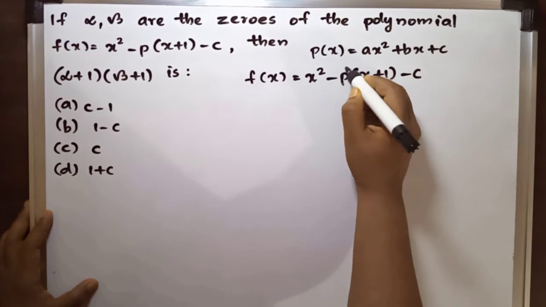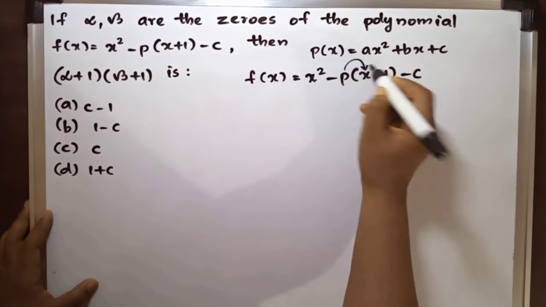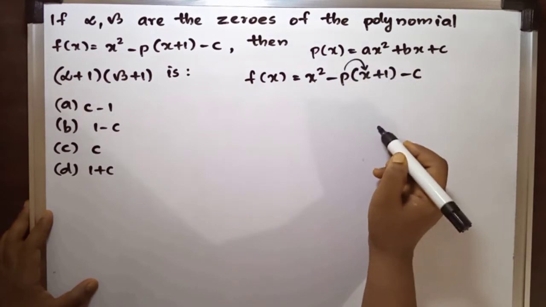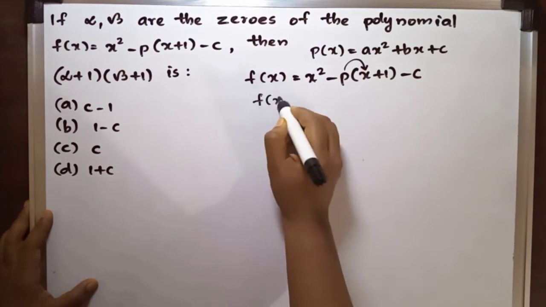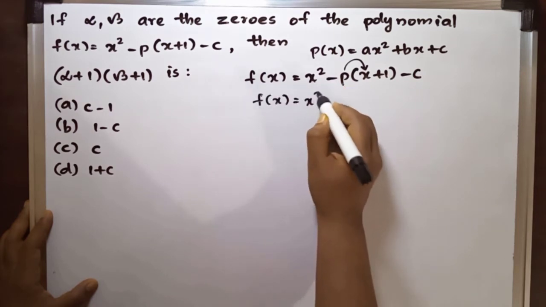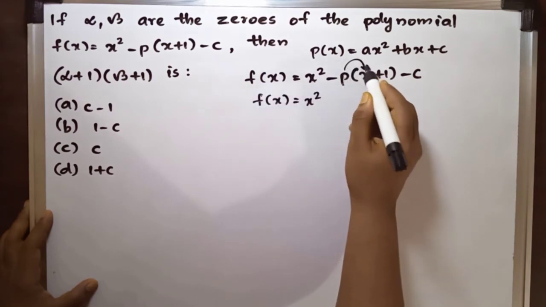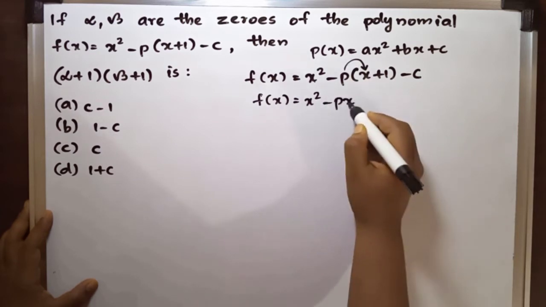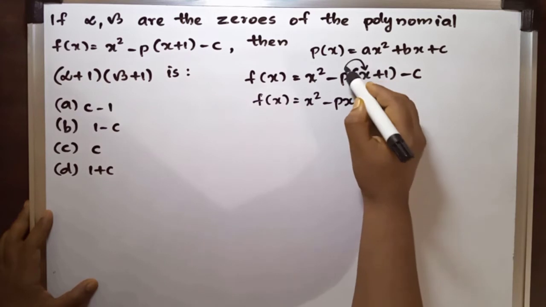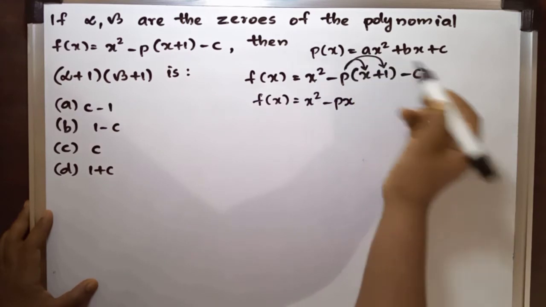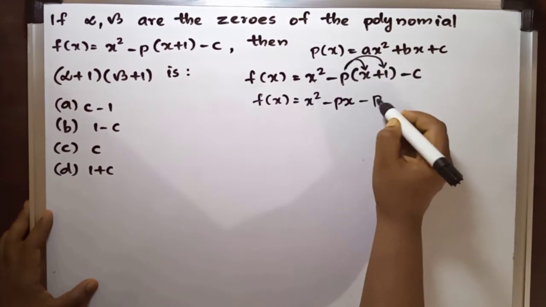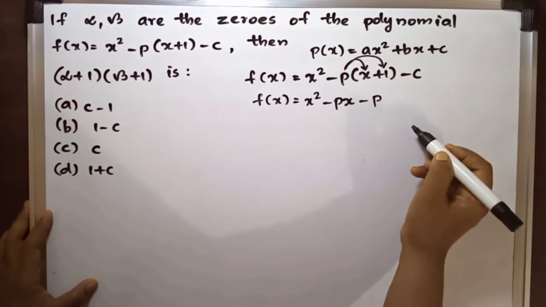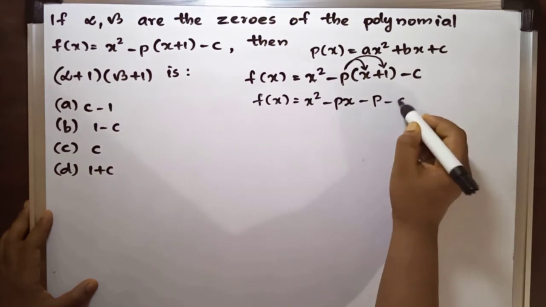We have to take this minus p inside this bracket. So we can rewrite it as x square minus px. Now minus p into 1, it is minus p. Then this minus c also there.